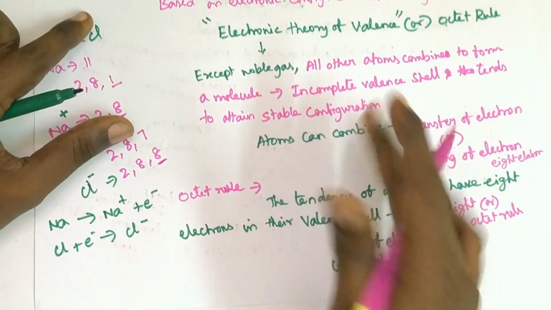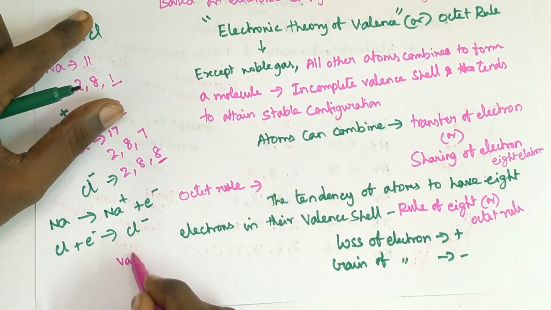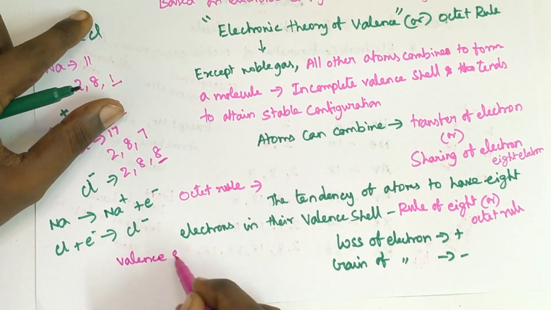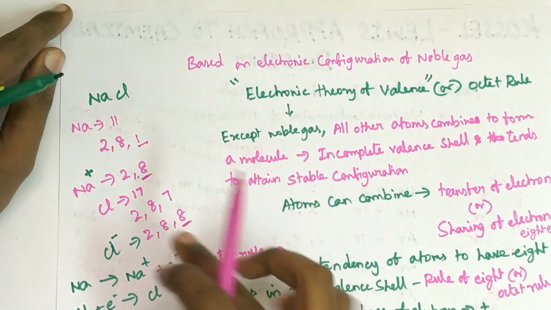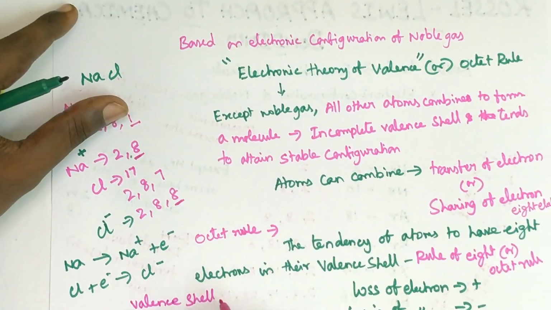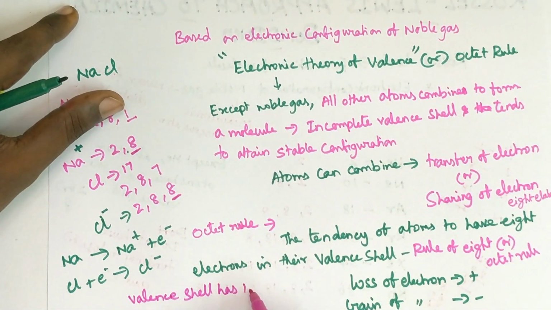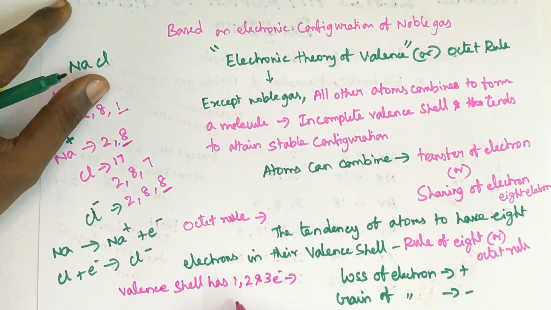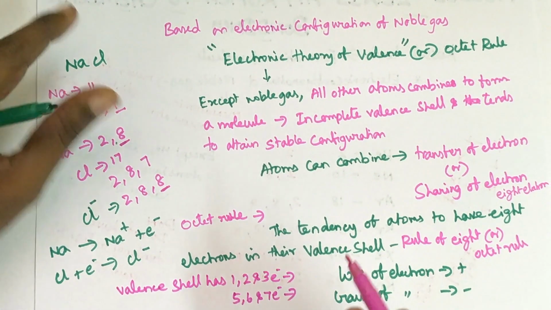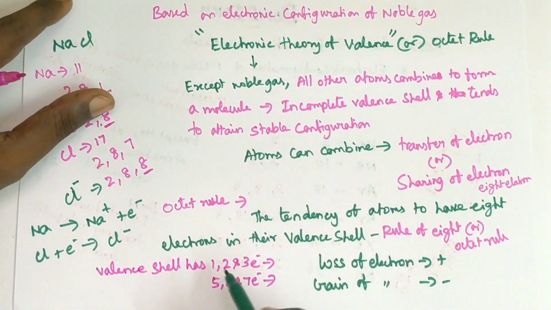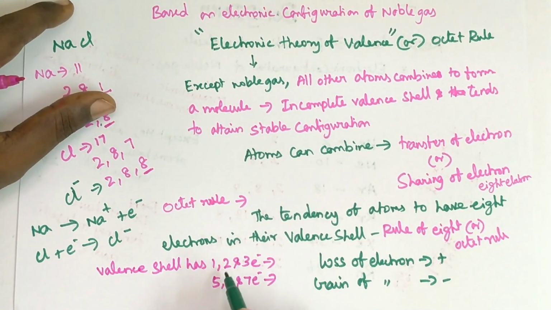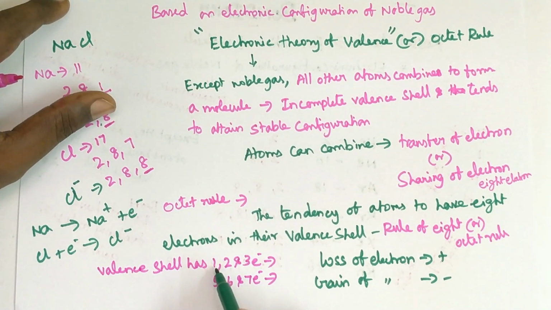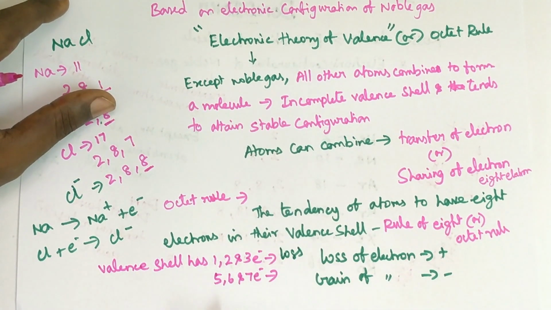Another last point: when an atom loses or gains electrons, if the valence outermost shell has 1, 2 or 3 electrons, they tend to lose electrons.